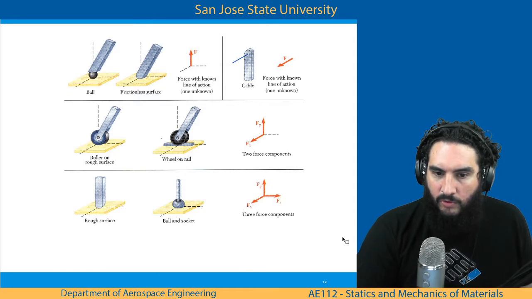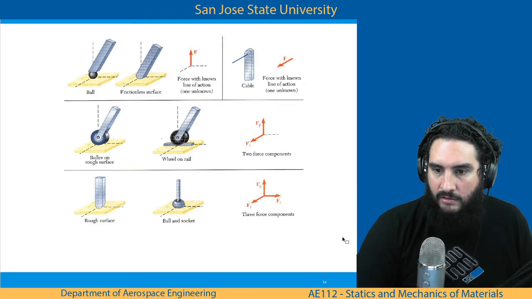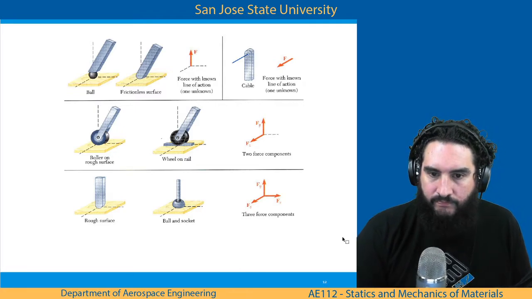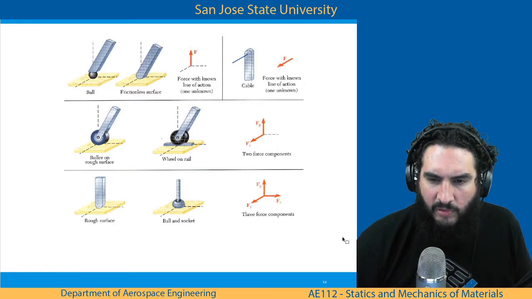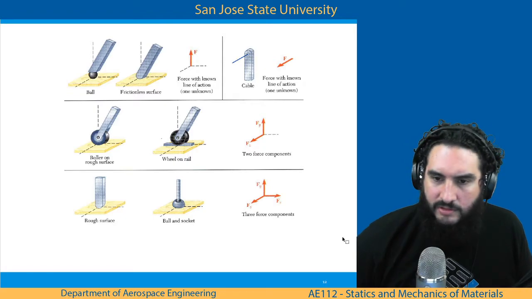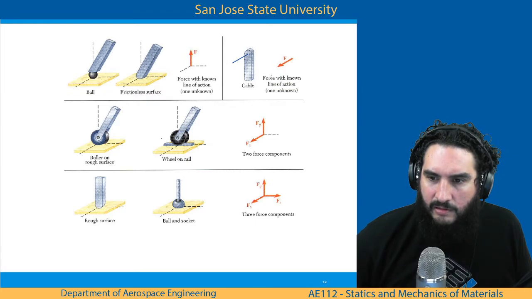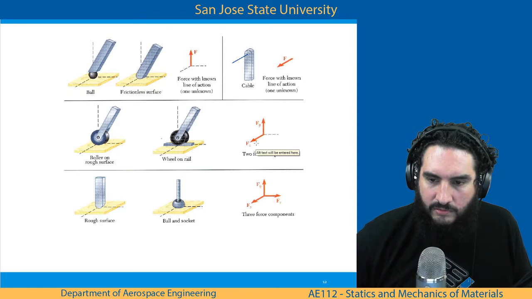Okay, more reactionary forces. The ball just means we have a normal force, top one. Cable gives us the same cable. That one's not new. Roller on a rough surface or a wheel on the rail will give us 2.